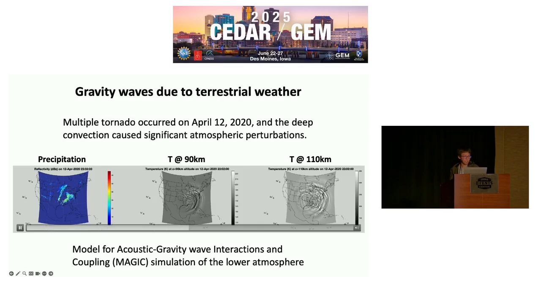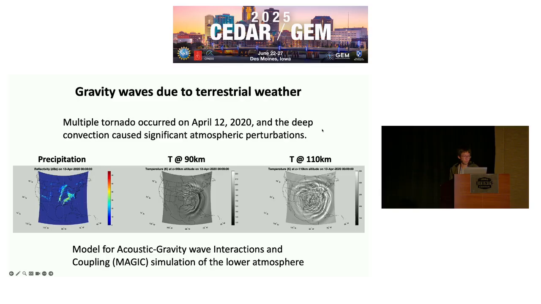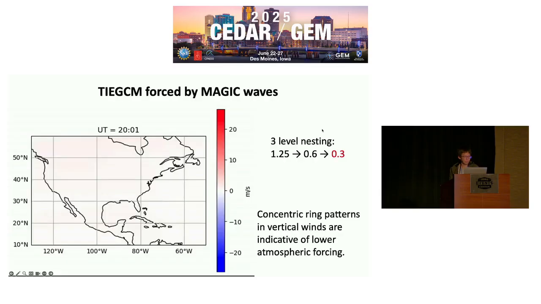Here you can see the lower boundary perturbation has very rich gravity wave structures propagating out, and what we do is implement this gravity wave into TIE-GCM, and this movie shows the neutral wind response inside the nested grid domain.